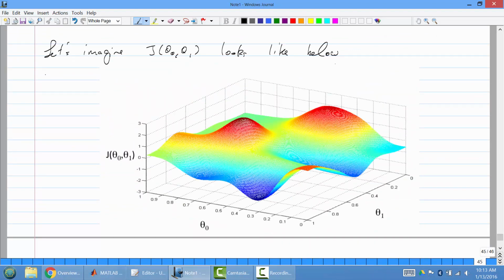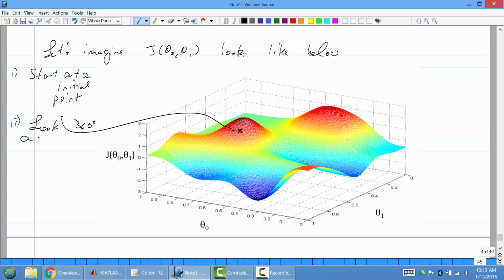So the idea is to start at an initial point. In this case, let's say we start somewhere over here. Then you take a look 360 degrees and figure out which direction you need to go so that you're going downwards to the minimum.